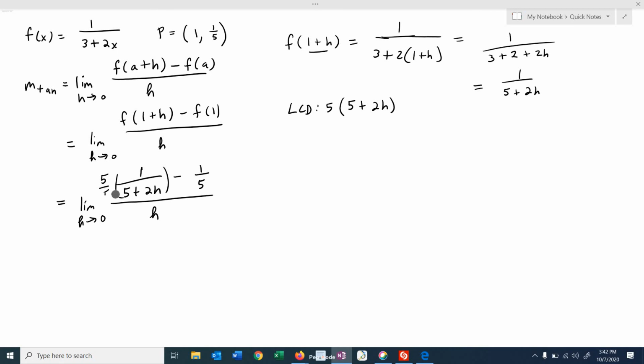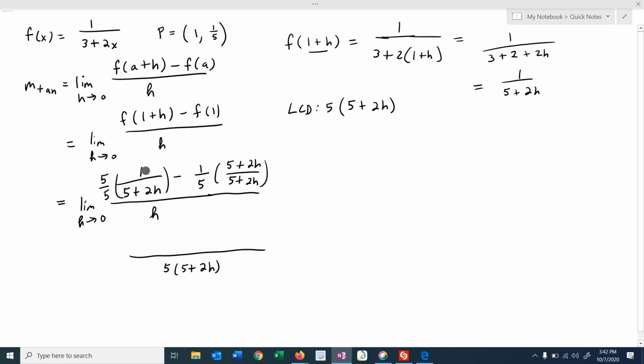This has to equal 1 because you can't change the value of the fraction. So that's why I'm multiplying by 5 over 5. Then over here, let's multiply by 5 plus 2h over 5 plus 2h, because you're missing that factor over here. Then we'll now have this common denominator, 5 times 5 plus 2h.